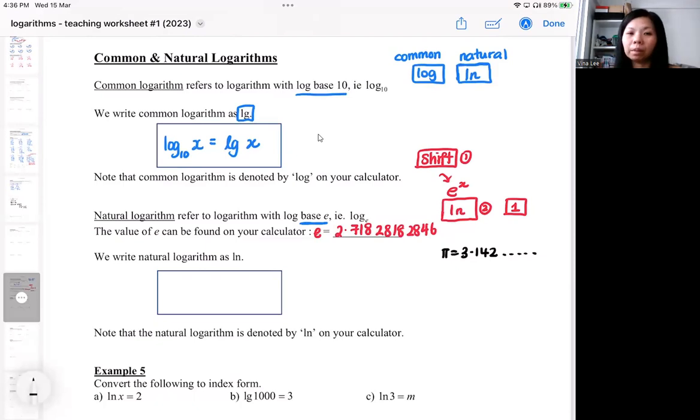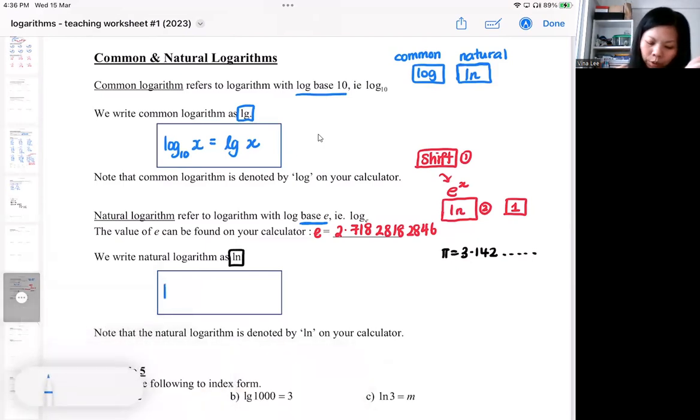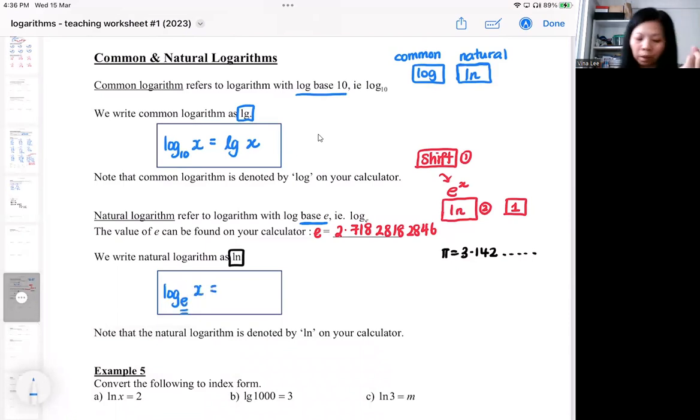That's why they allocate a special symbol. For example, if you write a LOG and the base is E, the special natural number, they allocate it as LNX. So Ln is the one with the natural base. E is a special number and they call it the natural base.